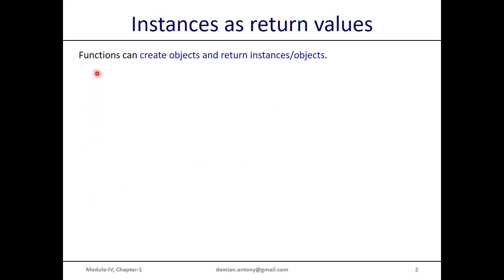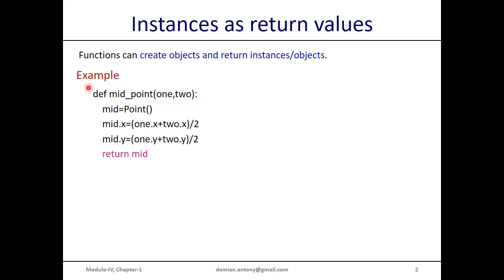We can create objects in a function, as well as return these created objects from the function. To illustrate this, we will take up a function midpoint, which creates the midpoint of 2 points, wherein this function takes 2 arguments, which represent object 1 and object 2. You can see here mid equal to point.